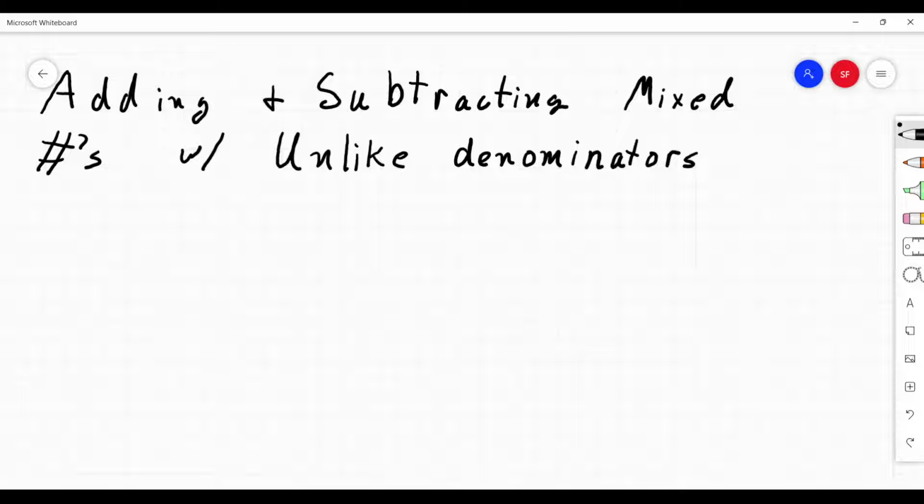We already learned adding and subtracting mixed numbers, but now we're doing unlike denominators. After spring break, we're going to end up heading into some proportions. If we're lucky, it won't be confusing, and you will understand it first time.